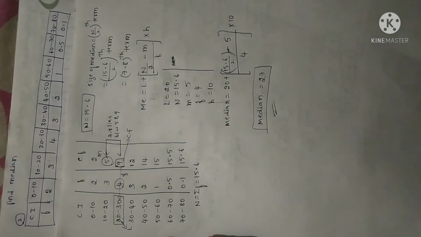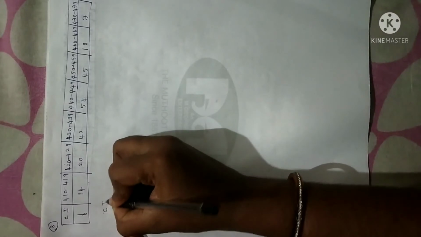Now let me solve one more problem. So here is the problem. First write down the given data. What is the given data to us? The class interval is given.